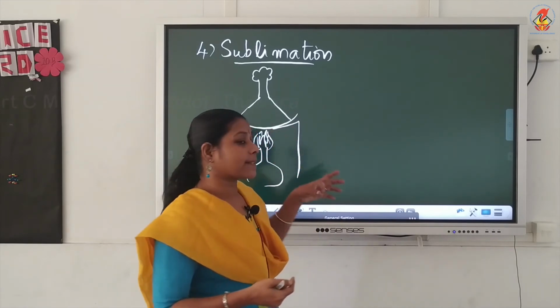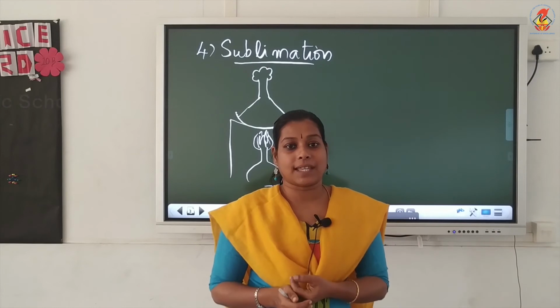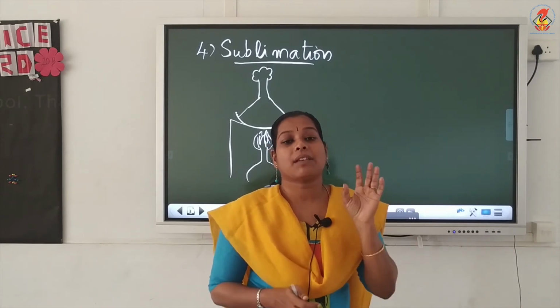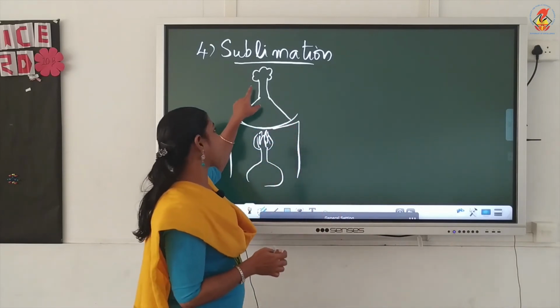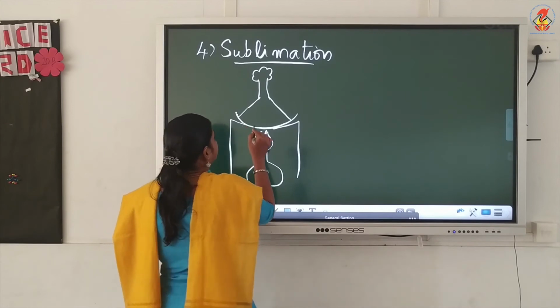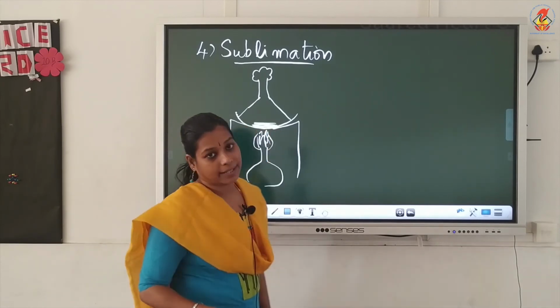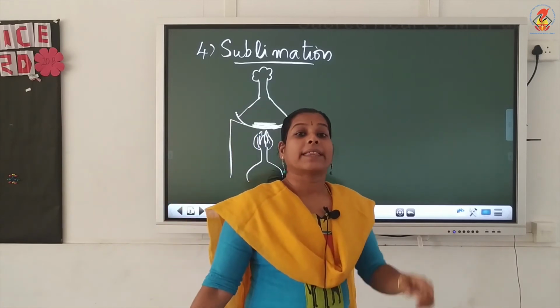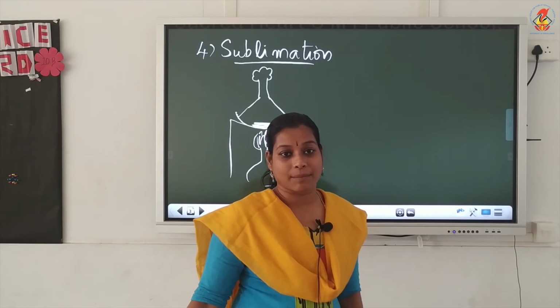During this process, we have seen that we take the mixture in a china dish and a funnel is kept inverted on top of that, and the stem of the funnel is covered with cotton. In that china dish we take the mixture which contains a sublimable material. There we have seen ammonium chloride and sand mixture.